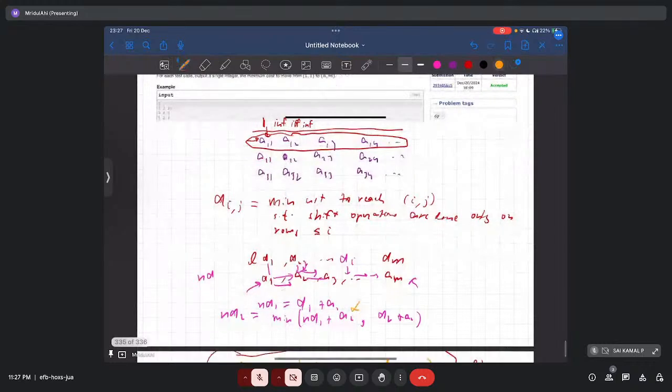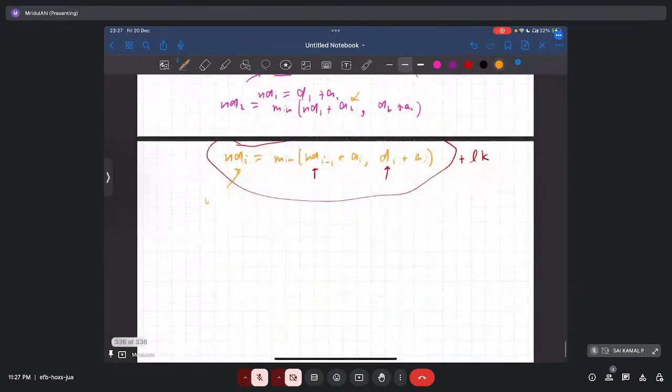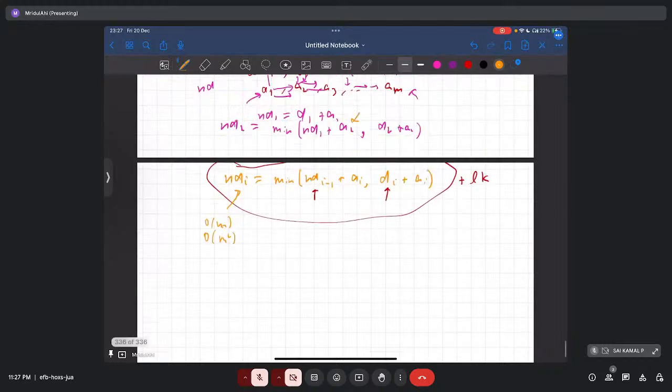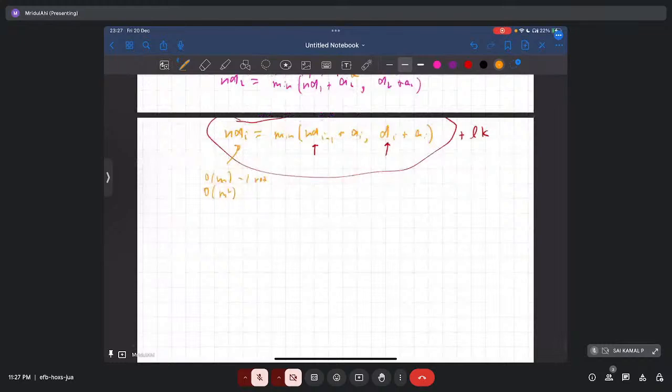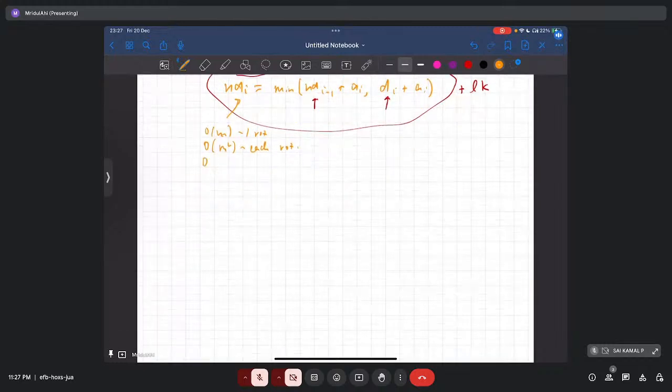So finding this DP for one rotation takes order m time, since there are m states. And since there are m rotations, finding this takes order m square time. And since there are n rows, finding the DP value of each row takes order n m square time.